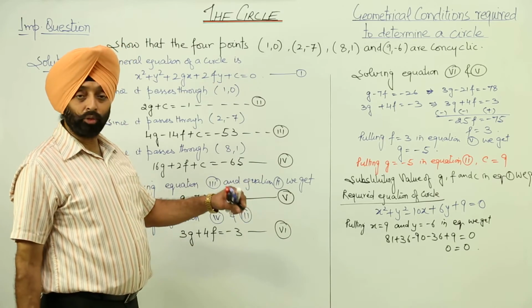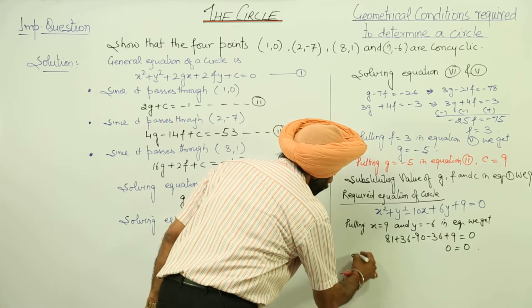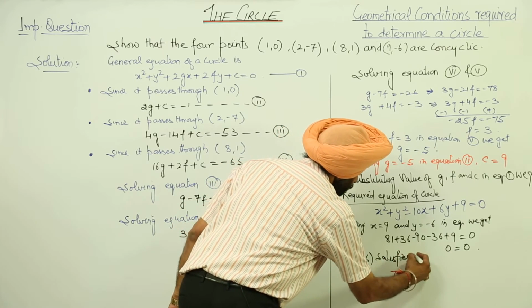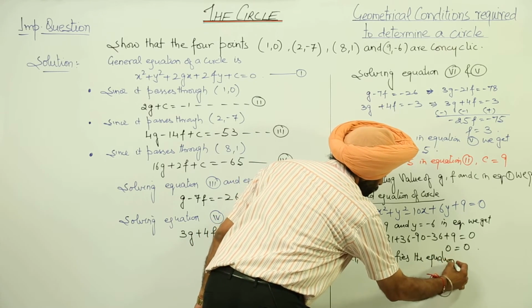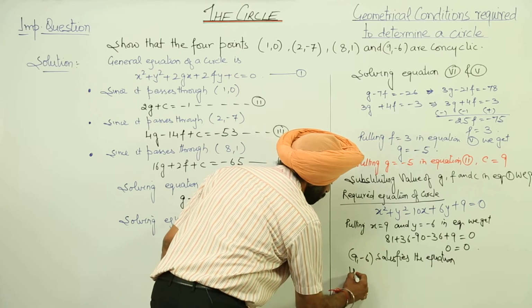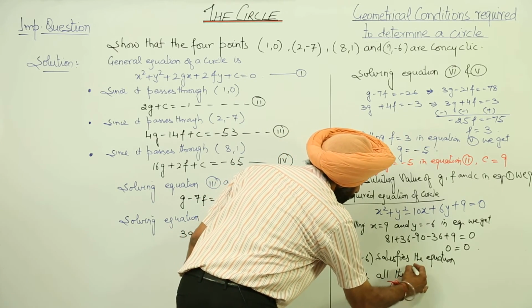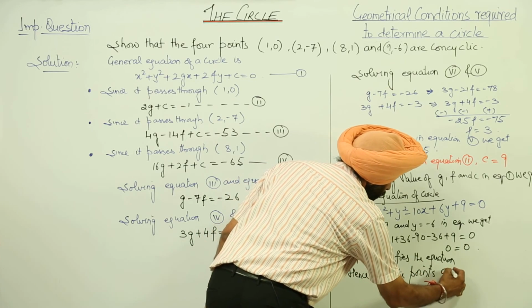Now 9 comma minus 6 satisfies the equation, hence all the points are concyclic.